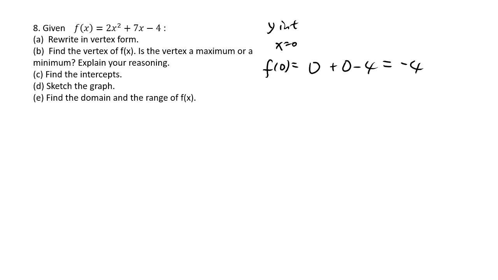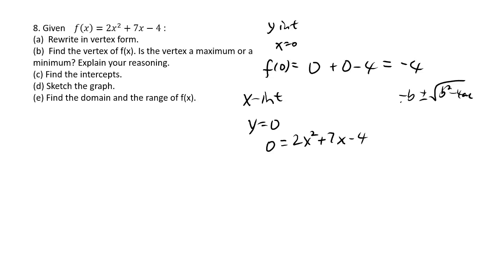And then for the x-intercept, set y as 0, and then you have 0 equals 2x squared plus 7x minus 4. You could opt to use the quadratic formula, and hopefully you remember the quadratic formula: negative b plus or minus the square root of b squared minus 4ac, over 2a.